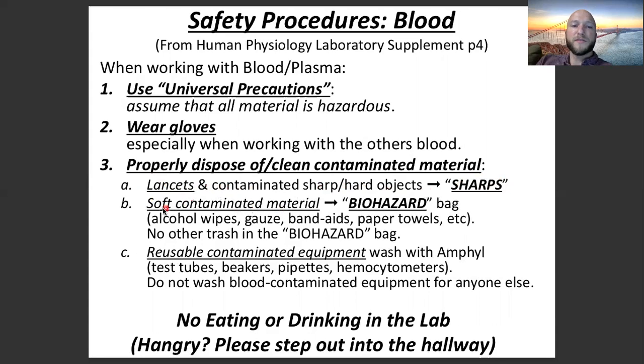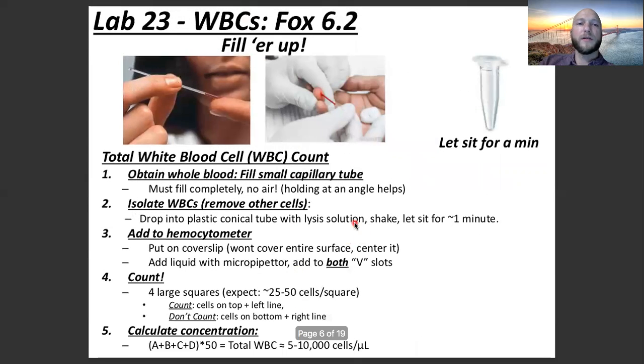Soft contaminated things like alcohol wipes, gauze, band-aids, and paper towels go in the soft biohazard bag. Reusable contaminated equipment gets washed thoroughly with AMFO. Do not wash blood contaminated equipment for anybody else. If your blood is on the equipment, you should wash it. No eating or drinking in the lab. If you're hungry, please step into the hallway.